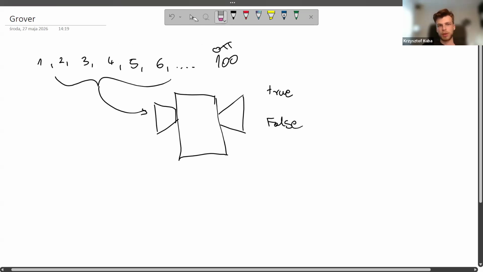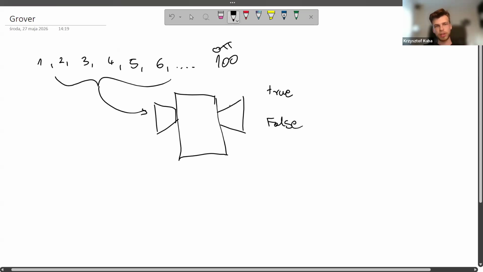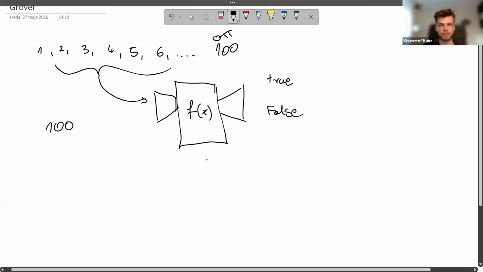So if you were going step by step, oh, something happened. Okay, sorry for that. You would have to make 100 queries to this function, f of x, to determine whether you have found your key.